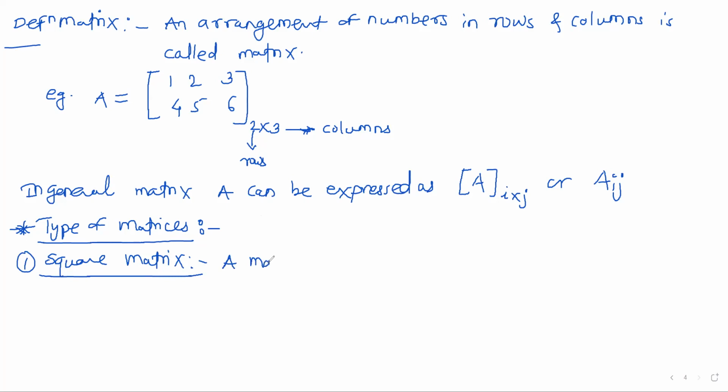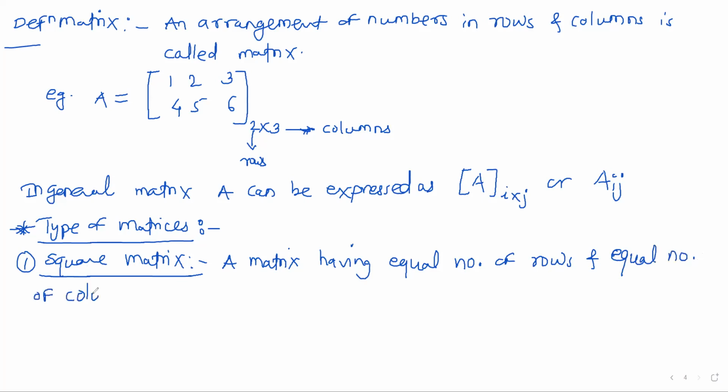A matrix having an equal number of rows and columns is called a square matrix, right?